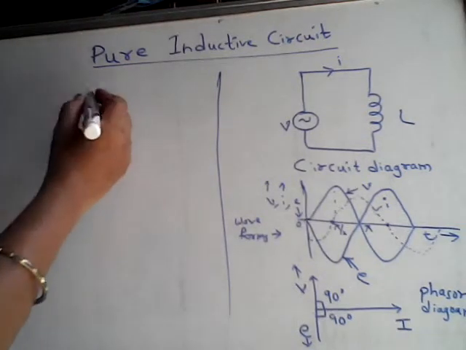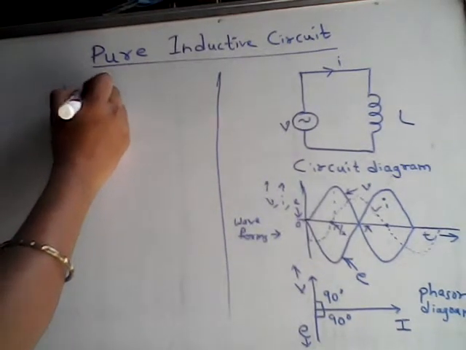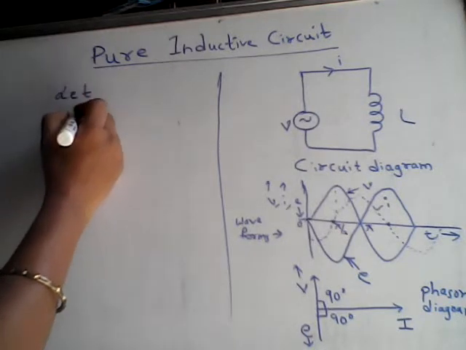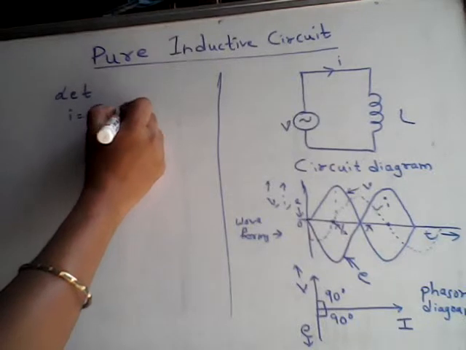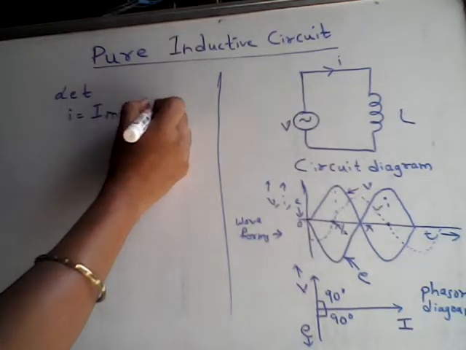Now let the current I be denoted by Im sin omega t.